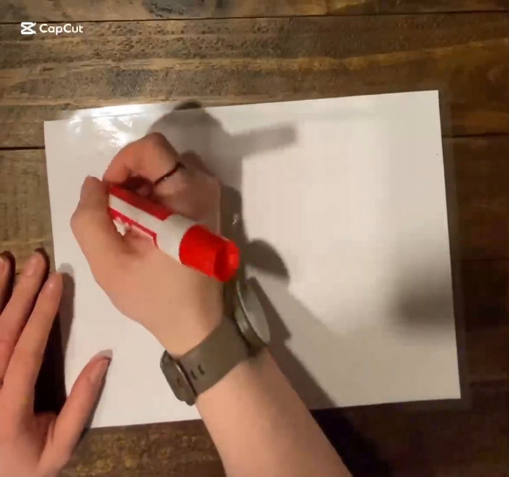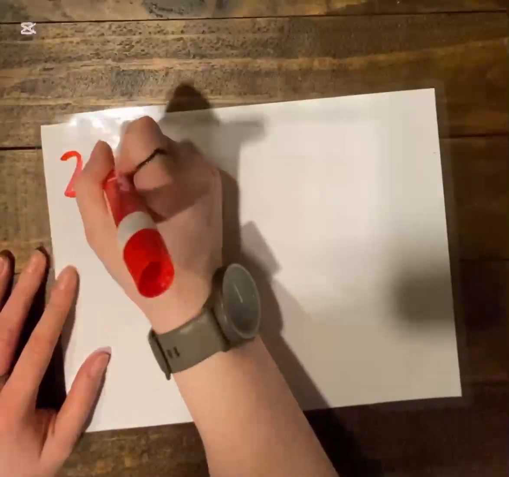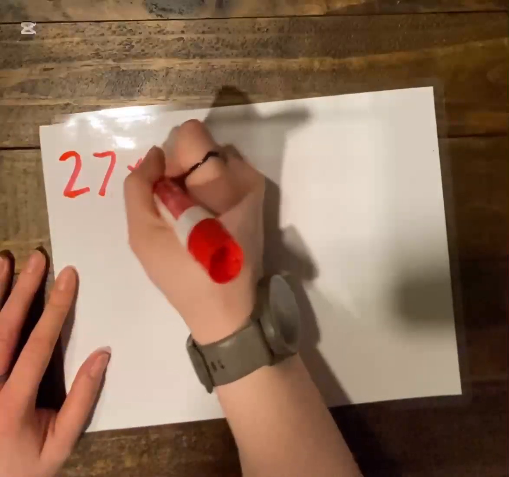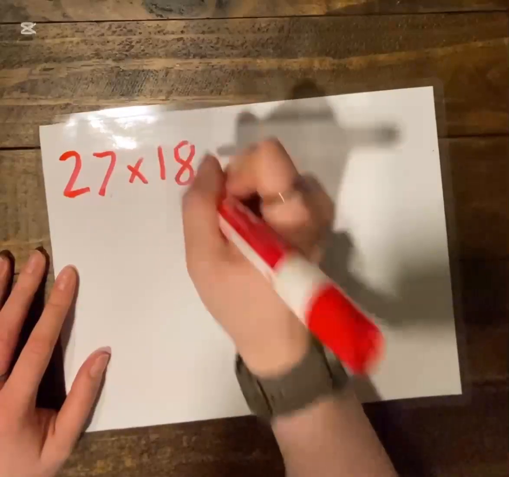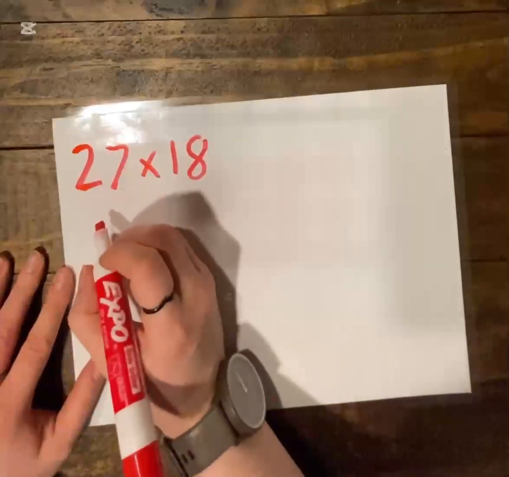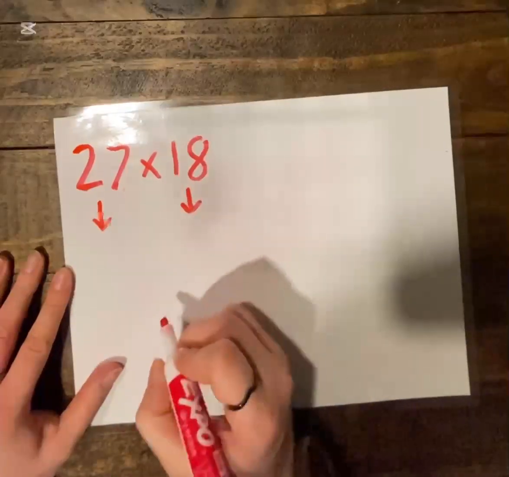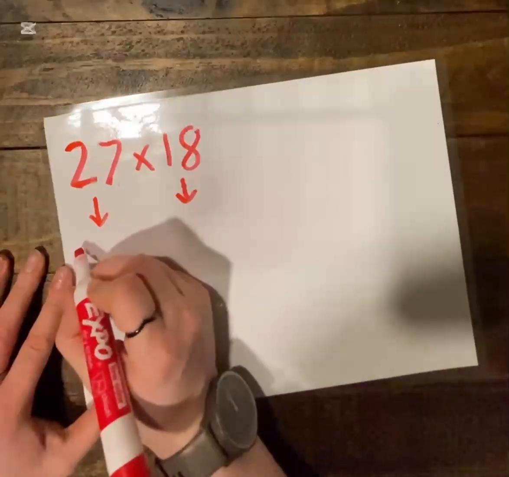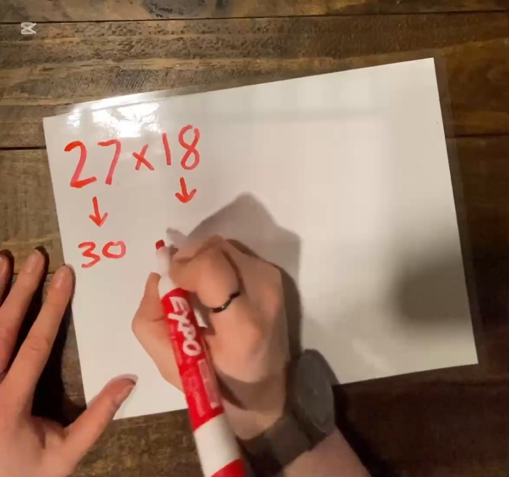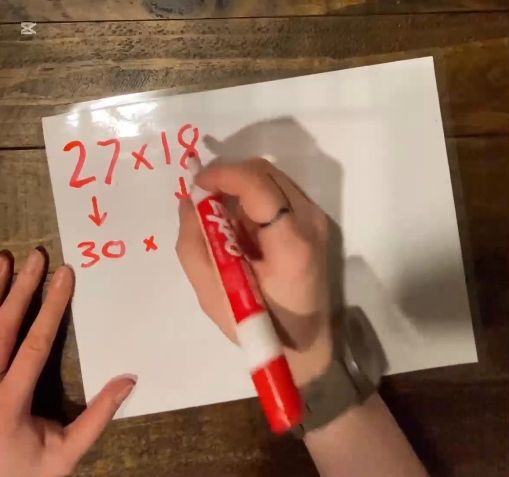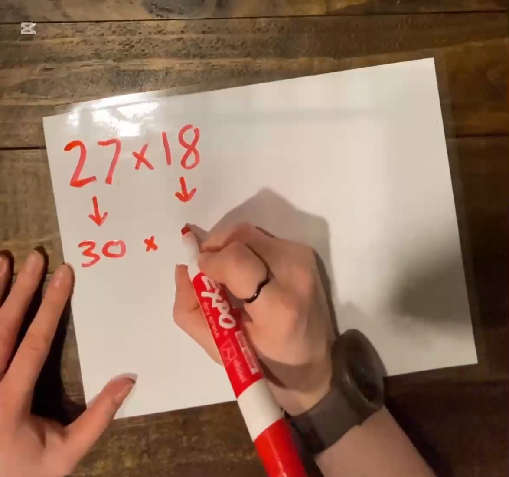For my multiplication, I'm doing 27 times 18. I'm going to round these to the nearest 10. So 27 gives me 30, and 18 gives me 20.